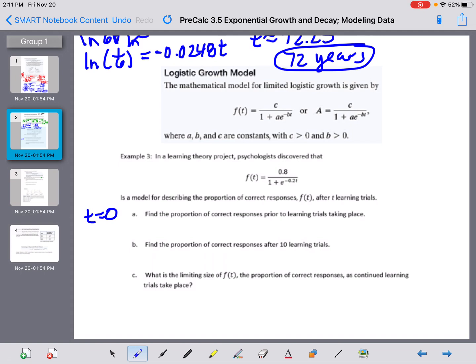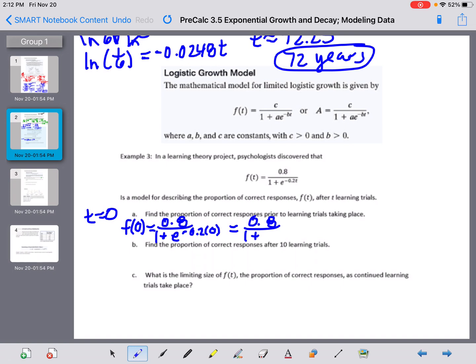All right, so here we go. I'm plugging in f of 0, right? I get 0.8 divided by 1 plus e to the negative 0.2 times 0. All right, so I get 0.8 on top, on the bottom, negative 0.2 times 0 is 0.